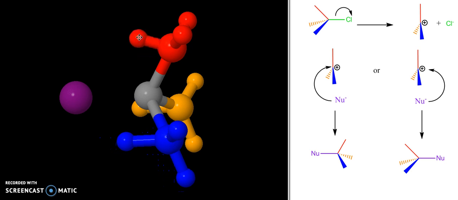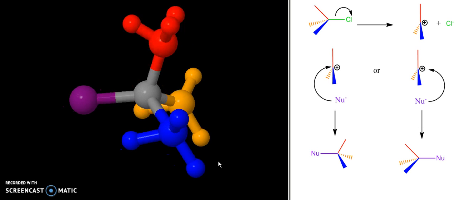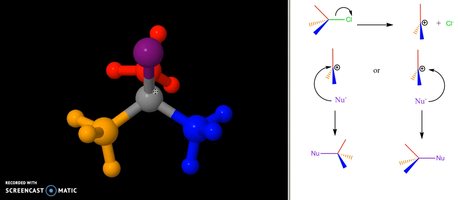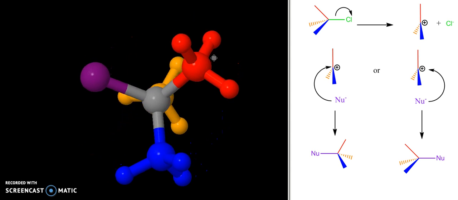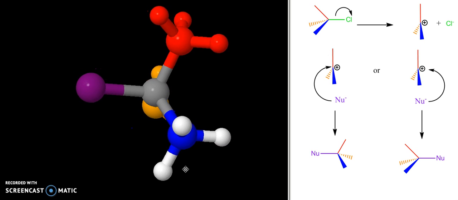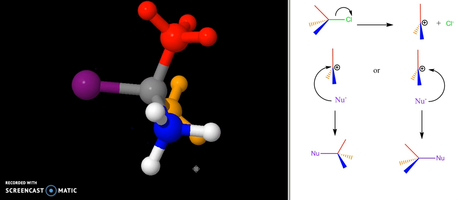It comes and eventually makes the bond there to give us a product that looks like this one over here. And I can spin it and see that it's tetrahedral again, and again it resembles this here.